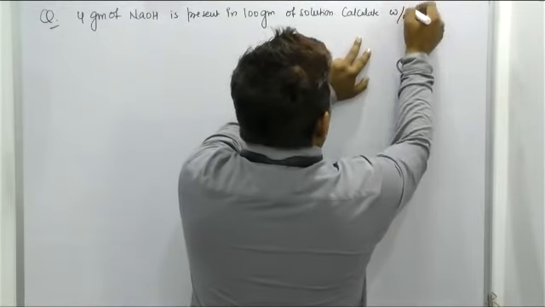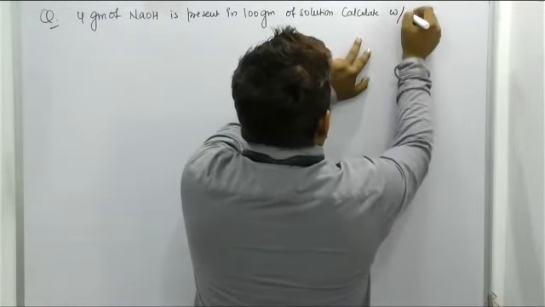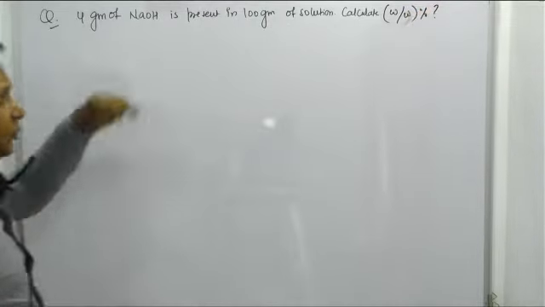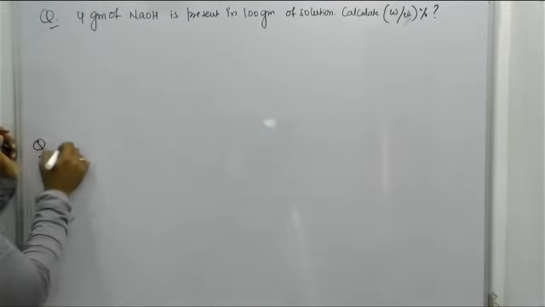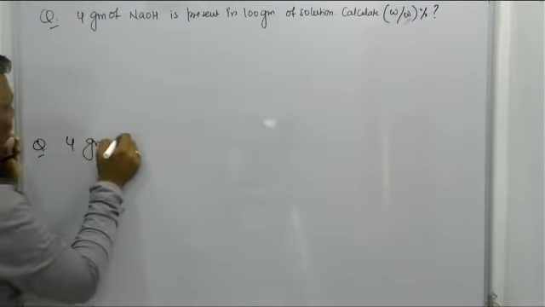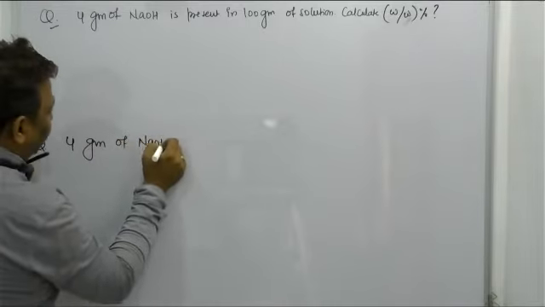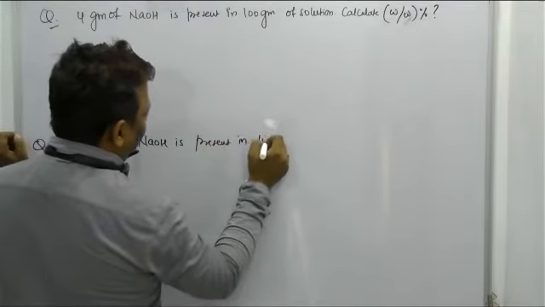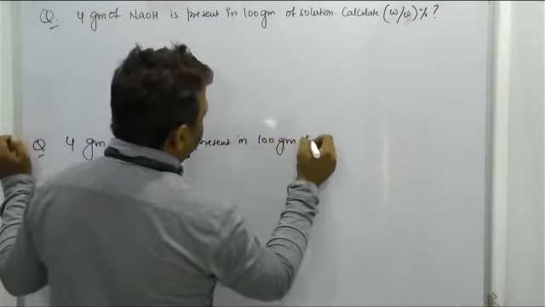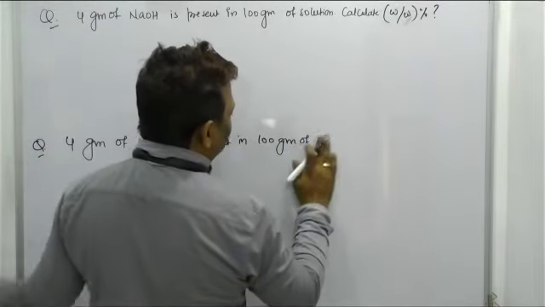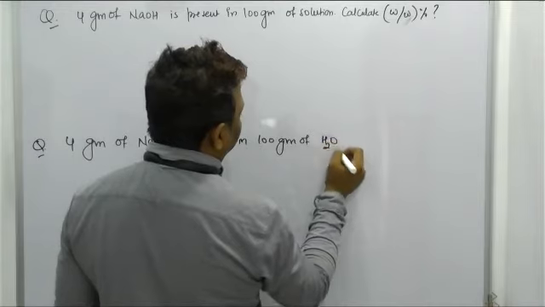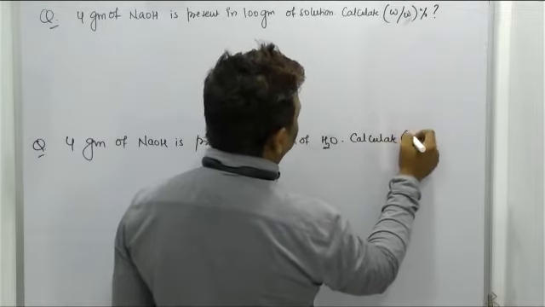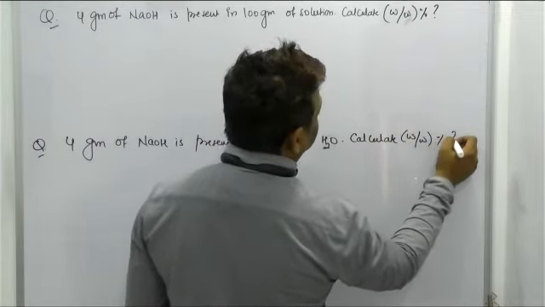Calculate W by W percentage. But see, the same question I am going to write here, so students should not get any confusion over it. 4 gram of NaOH is present in 100 gram of solvent like water. 100 gram of water. Now they are asking beta, calculate weight by weight percentage.